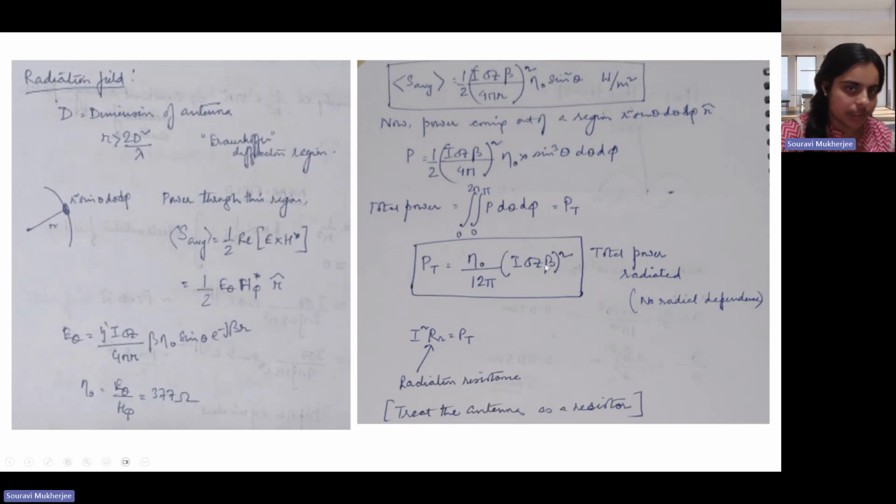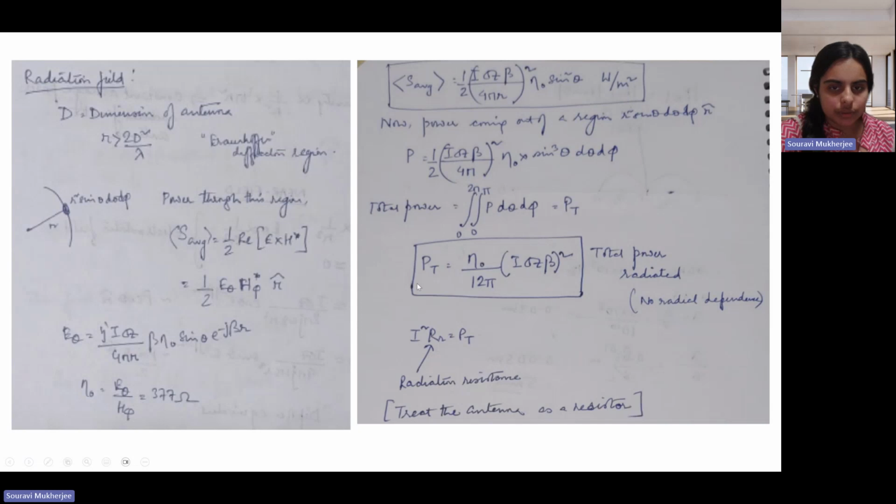Beta has the wavelength involved; beta is equal to 2 pi by lambda. So basically it's a delta z by lambda whole square dependence that comes up in the power. That tells us how the dimensions of your antenna compared to the wavelength play a role in the power radiation.